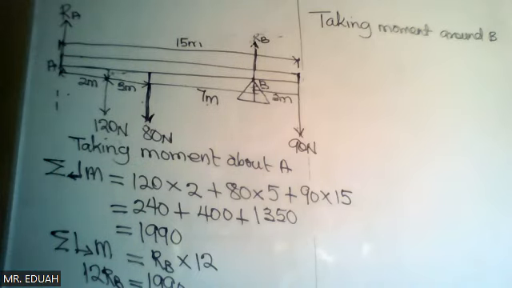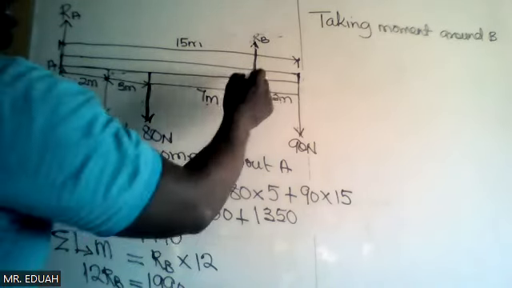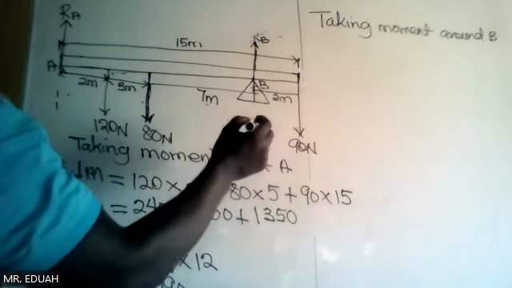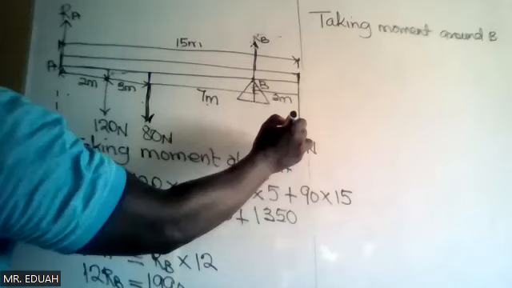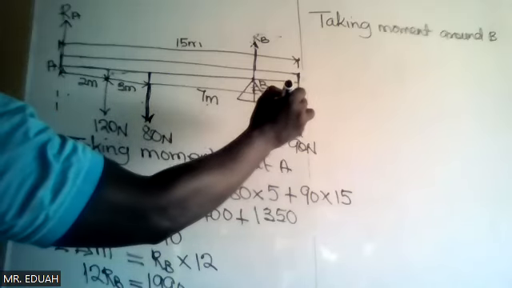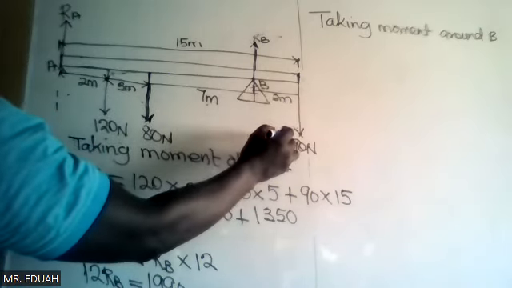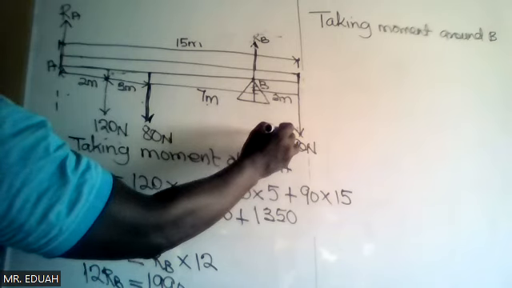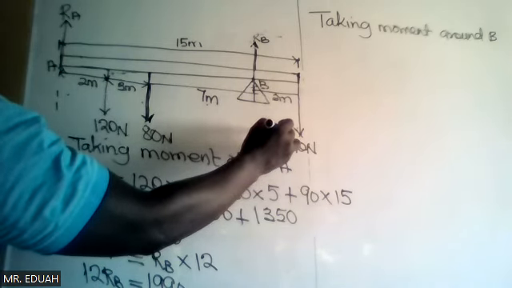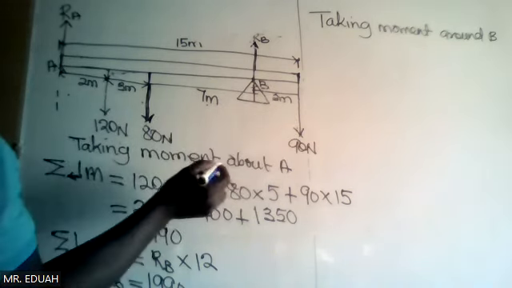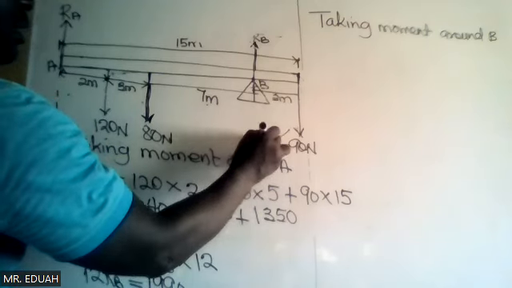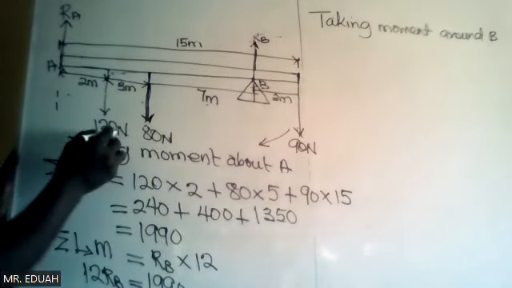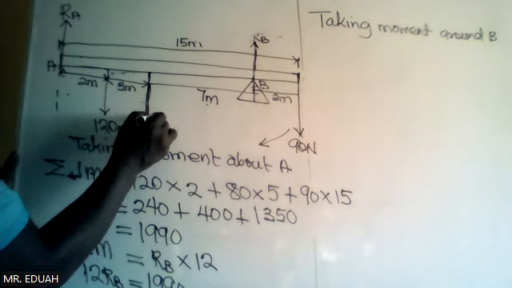So if the turning effect is being taken around B, then this 90 gives us clockwise or anti-clockwise? Class, I'm waiting for your feedback. This will turn clockwise. What about 80 and the 120?